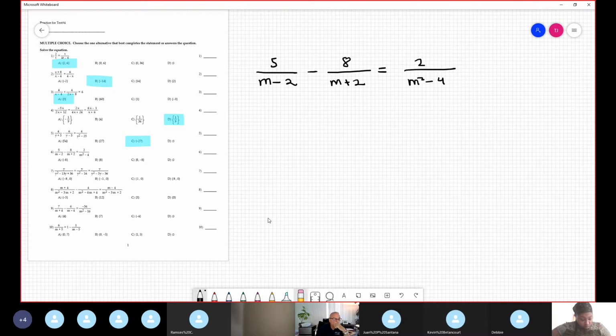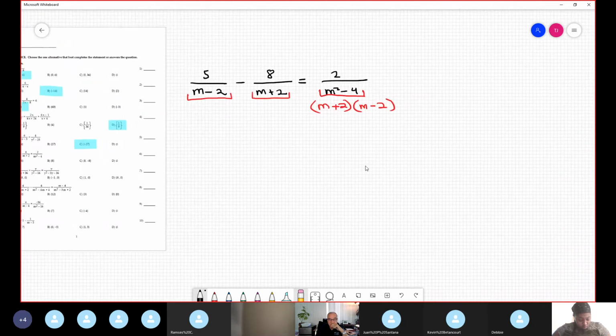I copy number 6. I can see that this expression is prime, this one is prime, but this one is again a difference of squares. And the factorization is m plus or minus 2, because the square root of 4 is 2, plus or minus.